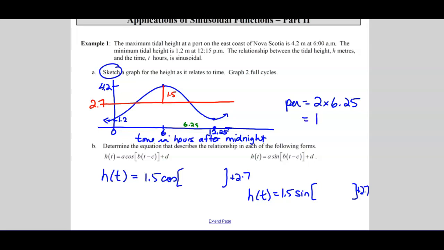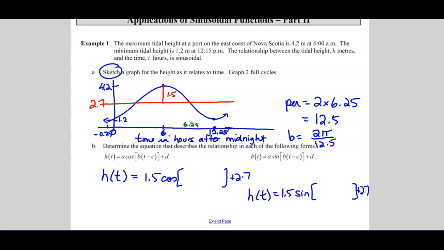So that's going to be 12.5. If you've graphed it like I have, remember that's negative 0.25 plus 12.25 is 12.5. So that's a complete cycle.